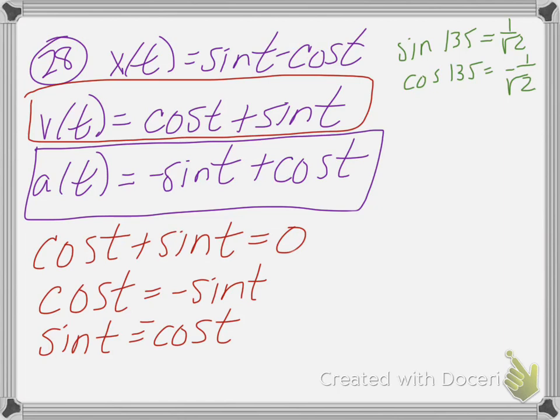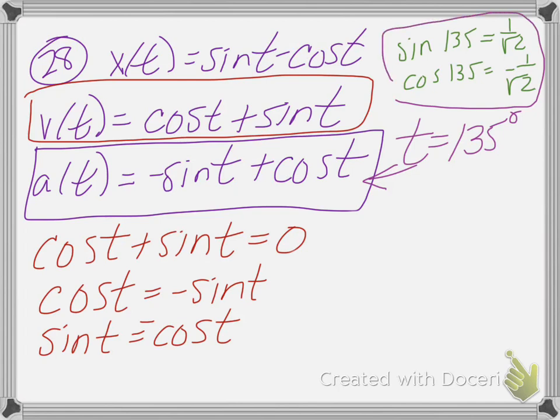And the answer is when t equals 135 degrees. Okay? So we have to put that into the acceleration, because it's saying what is the acceleration when t equals 135 degrees. Okay, but now that I have my little chart that I just made here, I'm all set.